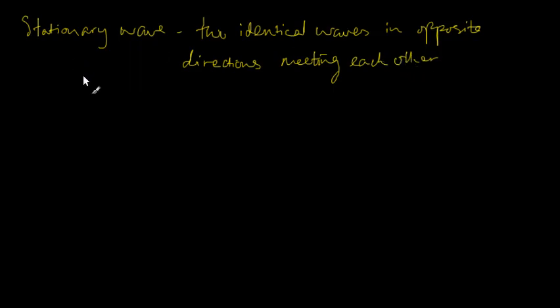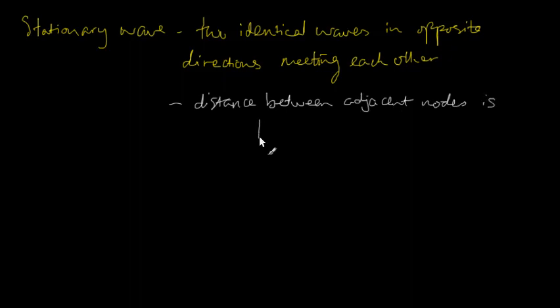That's the stationary wave. And an important property of that is that the distance between nodes, let's be clear about this, between adjacent nodes, is half a wavelength.